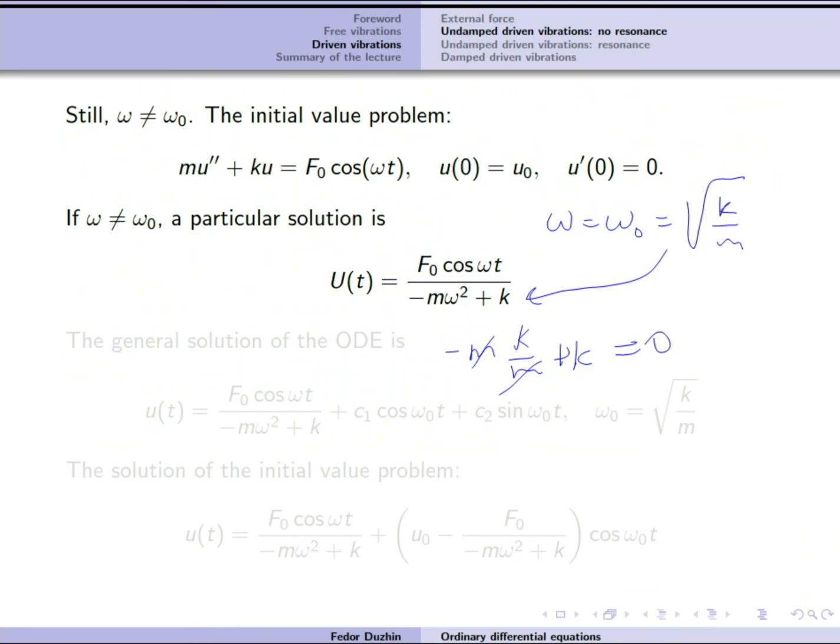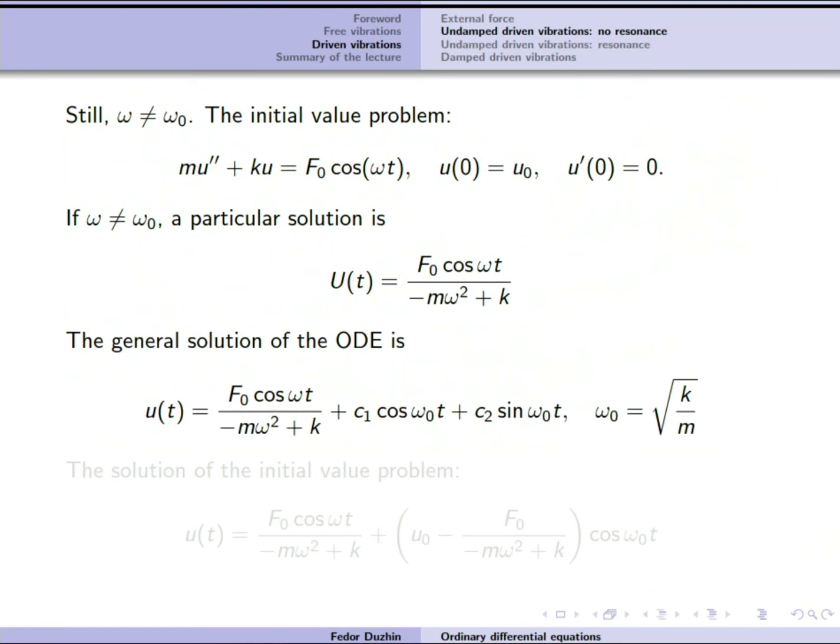If the frequency of the driver were the same as the natural frequency of the spring mass system, the denominator would vanish, and it wouldn't be defined. So this formula only makes sense if we assume that omega does not equal omega 0.